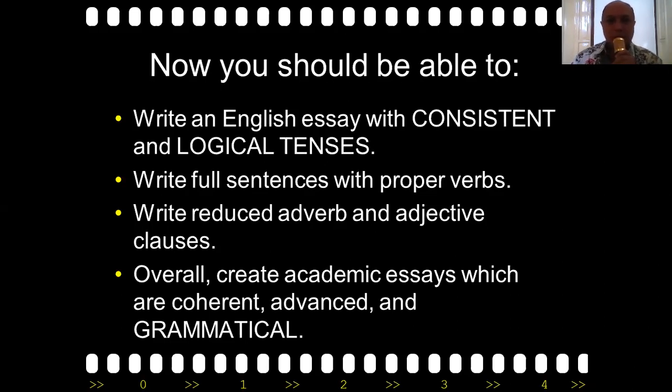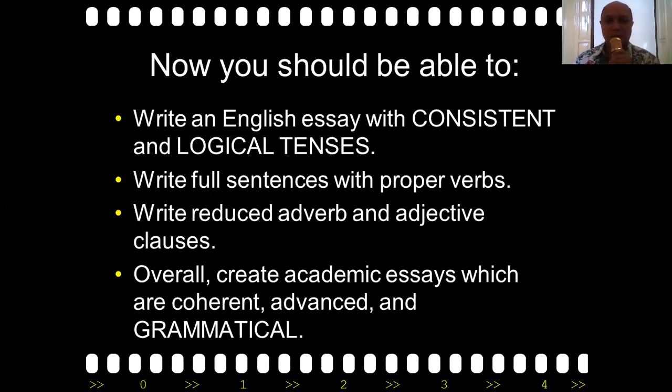And then the second one, I hope that now you will be able to write full sentences with proper verbs. Proper verbs means no more subject plus verb-ing in a full sentence, as I have demonstrated in the previous slides. The third one is, I hope now you'll be able to write reduced adverb and adjective clauses.